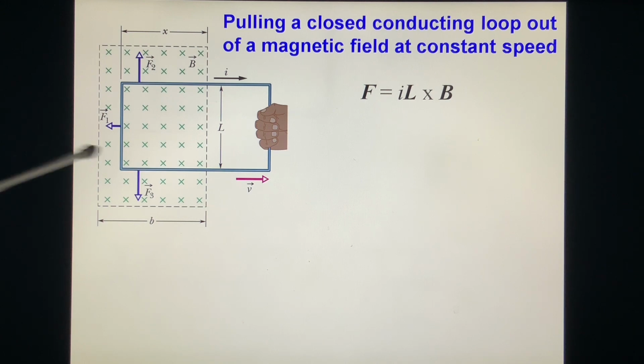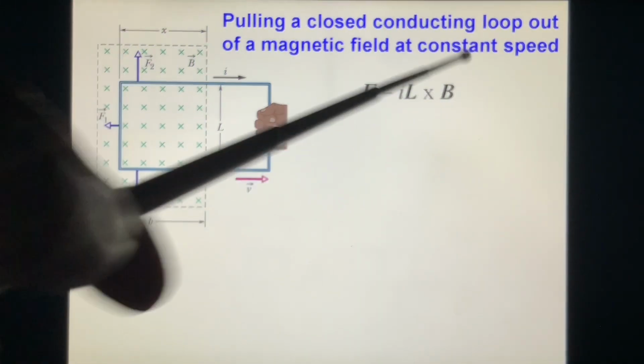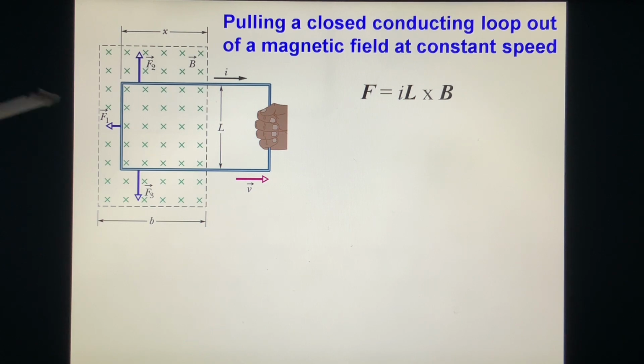You have a current loop in the magnetic field, so it will experience a magnetic force, F equal to I L cross B. In this case, by Lenz's law, the direction of current in this loop is clockwise. Because when you pull out, there's less flux, so the induced current has to increase it, and so the induced current is clockwise.